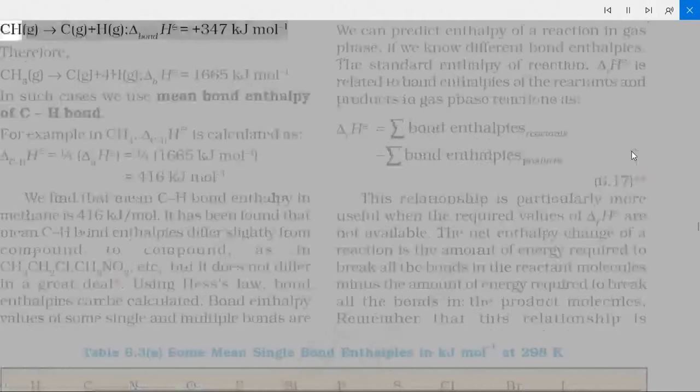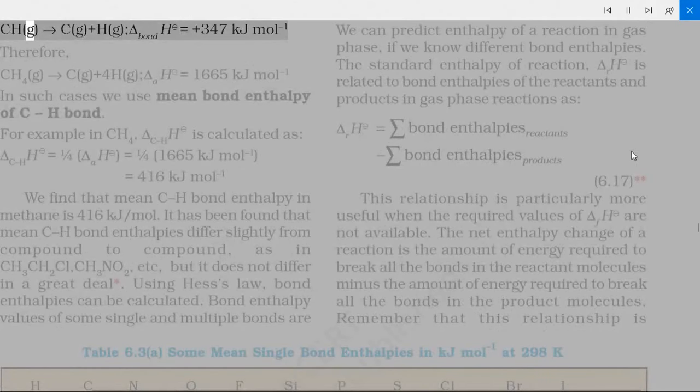CH(g) → C(g) + H(g), +347 kJ/mol. Therefore, CH4(g) → C(g) + 4H(g), ΔaH = 1665 kJ/mol. In such cases, we use mean bond enthalpy of the C–H bond.